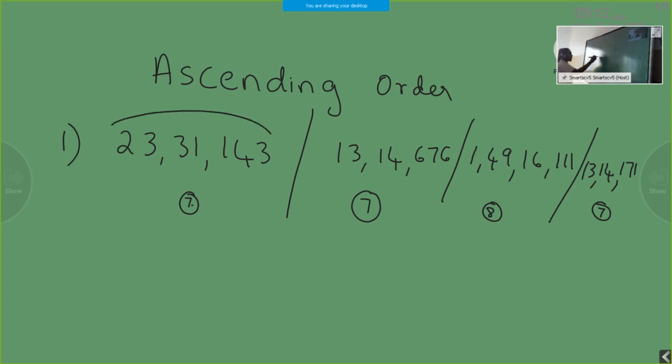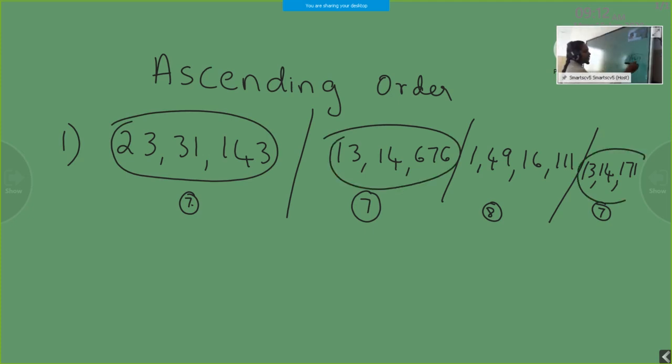So comparing these 3 numbers, we have to compare the leftmost digit. Is that clear? First we count the number of digits, and the number with the smaller number of digits is the smallest one. But in this case, we have 3 numbers having 7 digits.